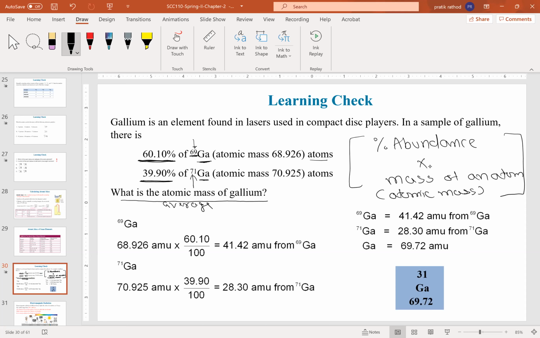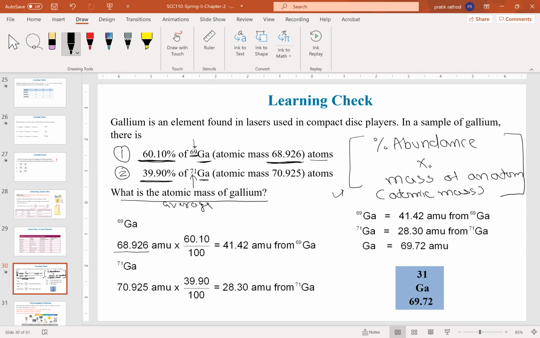Now, in this example, as you can see, there are two isotopes, isotope 1 and isotope 2, which means you are going to repeat this step 2 times. If there are 3 isotopes, you repeat this step 3 times. For the first isotope, the atomic mass that we have is 68.926.